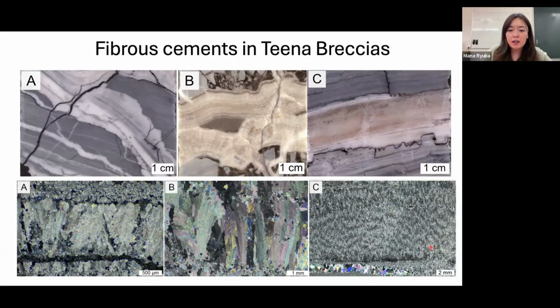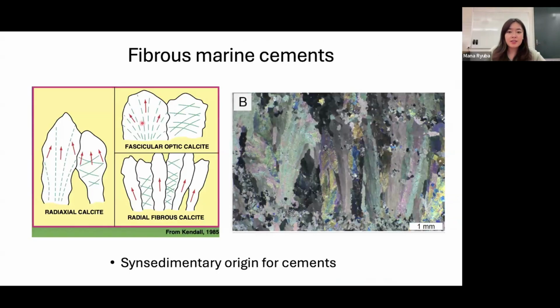These cements are indicative of a marine environment, because these fibrous cements form as a result of rapid precipitation of calcite from seawater. And we know that these are sedimentary features because these fibrous cements tend to be overlain with sediment.